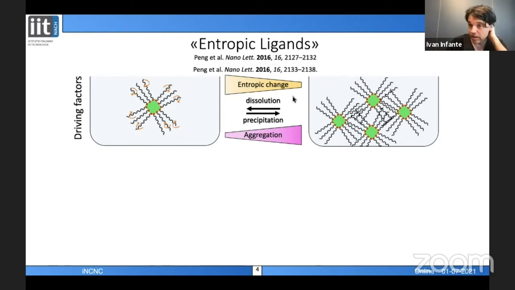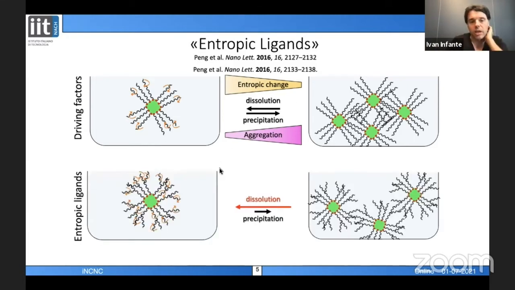This gave Peng the idea to modulate the ligands bound to the nanocrystal in such a way that you can branch them, like you see here. You have this branched ligand that can branch at the beginning or in the middle of the alkyl chain. What happens is that by branching, you prevent aggregation, so the aggregation term becomes smaller, but at the same time you also increase the number of degrees of freedom in how the ligands can move on the surface of the nanocrystal.